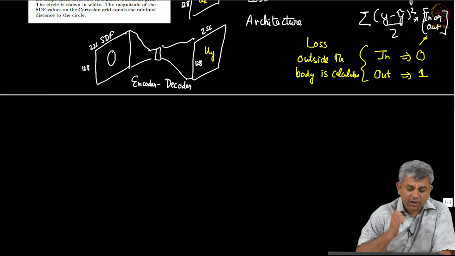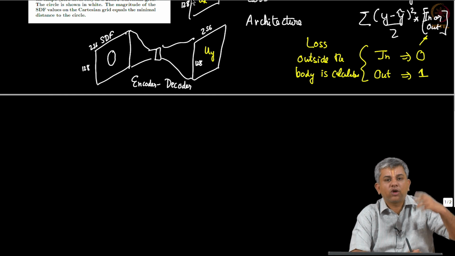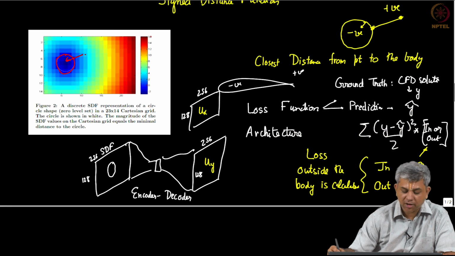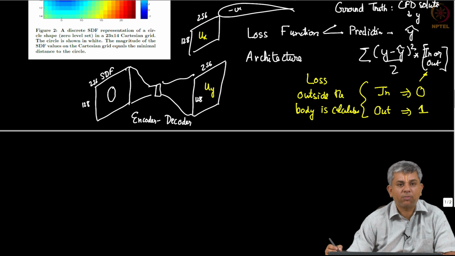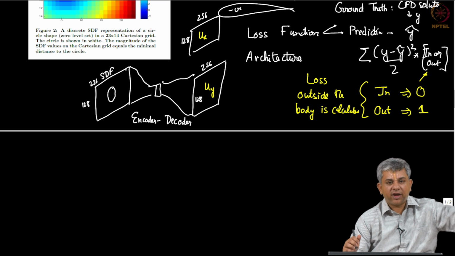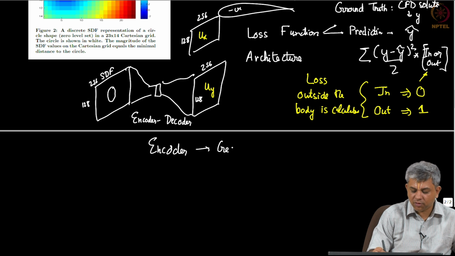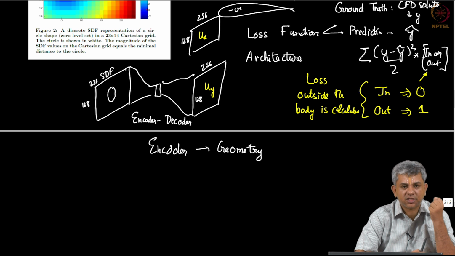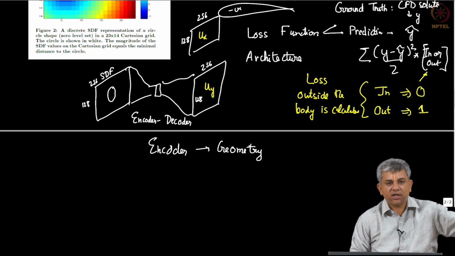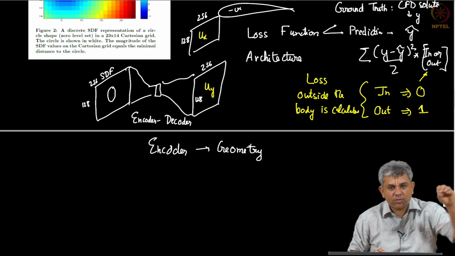Now, an important thing is, should you use 2 encoders and 2 decoders or 1 encoder 2 decoders, etc., because remember we are trying to predict 2 things, and here is where our physics knowledge comes into play once again. We know that when I am encoding, what I am encoding is effectively the geometry. This is not strictly speaking true, but it is true enough that I will just leave it like this. So, regardless of whether it is the u velocity or the v velocity, your geometry has to be squeezed.